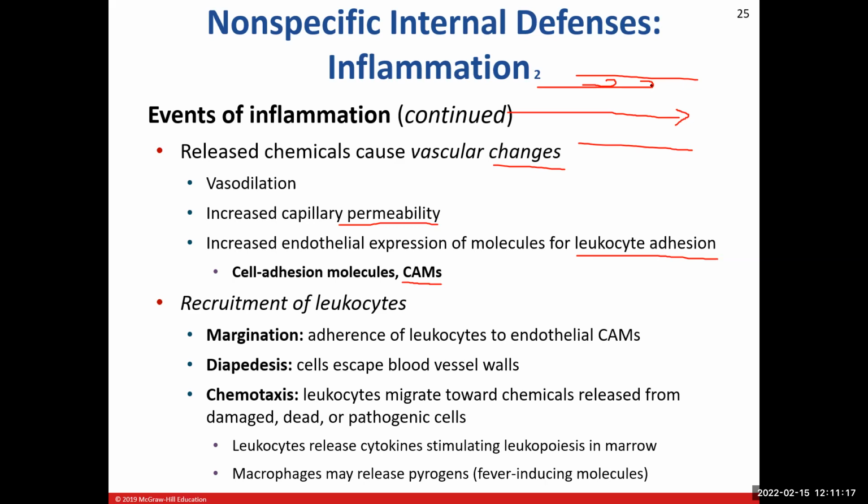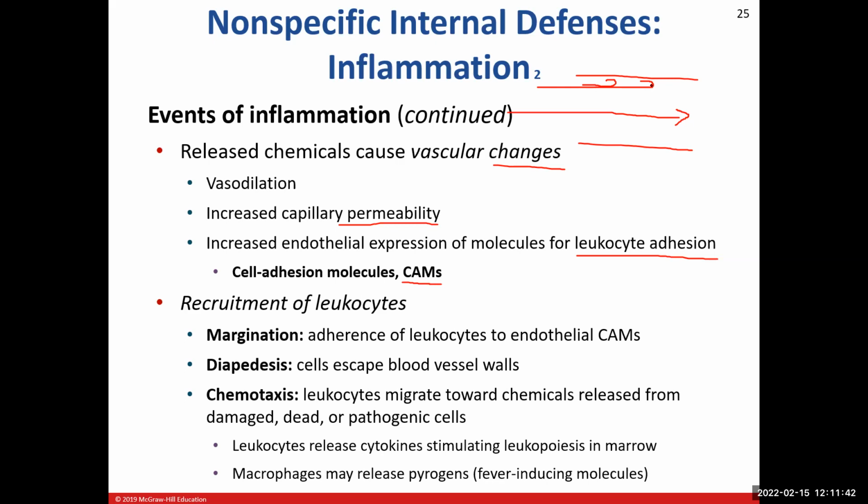So if they come close to the edge of the blood vessel or the riverbank, people reaching out their hand, they're going to try to grab onto that person that's in the river. Well, that's what these CAMs do. They are going to make it where the leukocyte can then stick onto the edge of the capillary there.